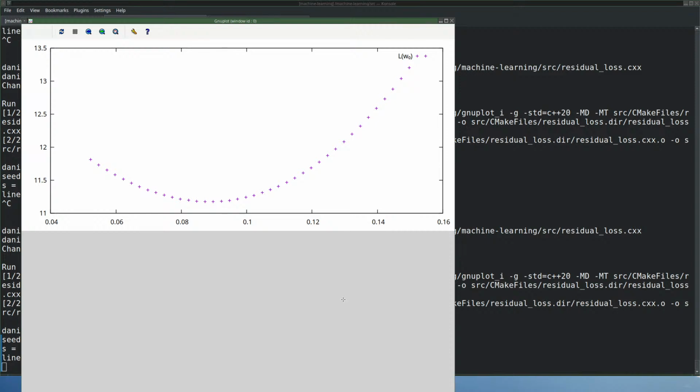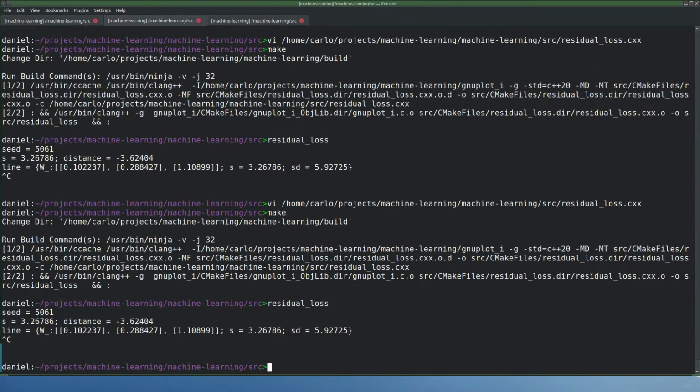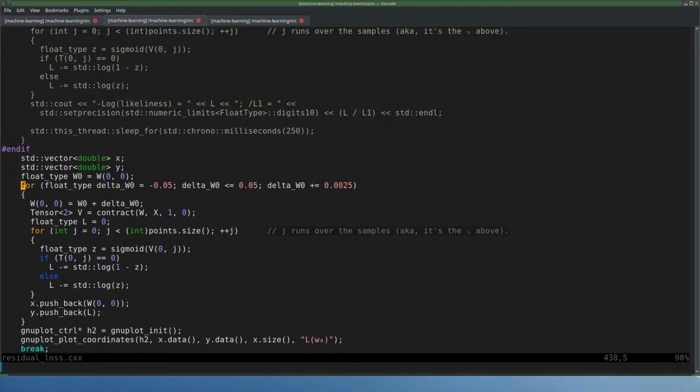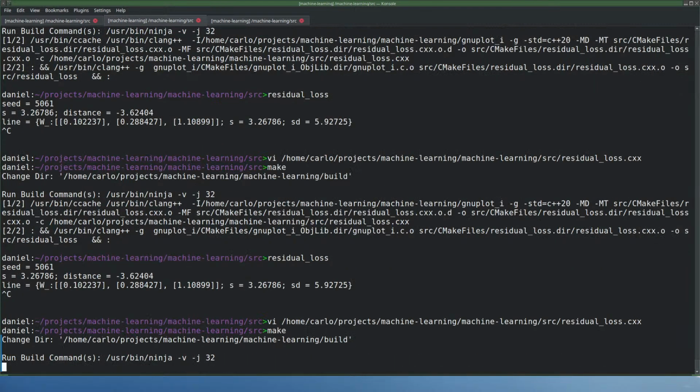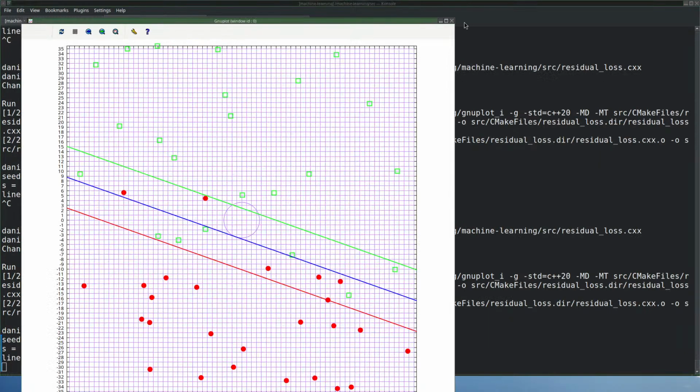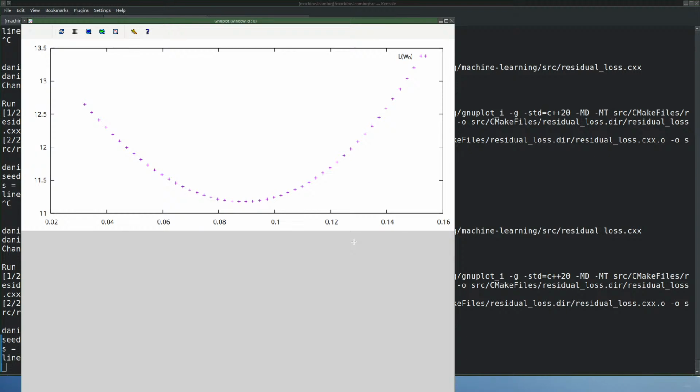It's like the bloody graph changed. So if we make this very small, yeah, nonsense. Yeah, good enough, I guess.